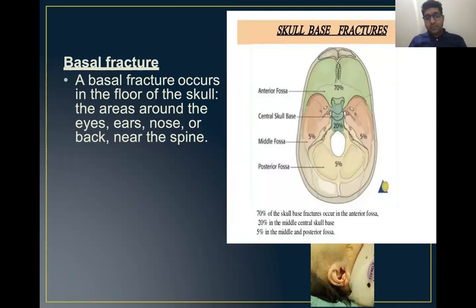This can also lead to a depressed level of consciousness, injury of the spinal cord or brain tissue, and CSF drainage from the ear or from the nose.